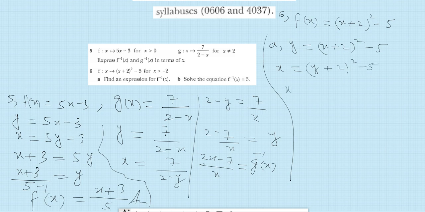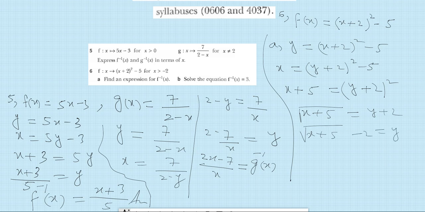Then move this minus 5 to this side: x plus 5 is equal to (y plus 2) square. Make y the subject of the given formula, taking square root on the other side: square root of (x plus 5) is equal to y plus 2. Move this plus 2 to this side: square root of (x plus 5) minus 2 is equal to y.